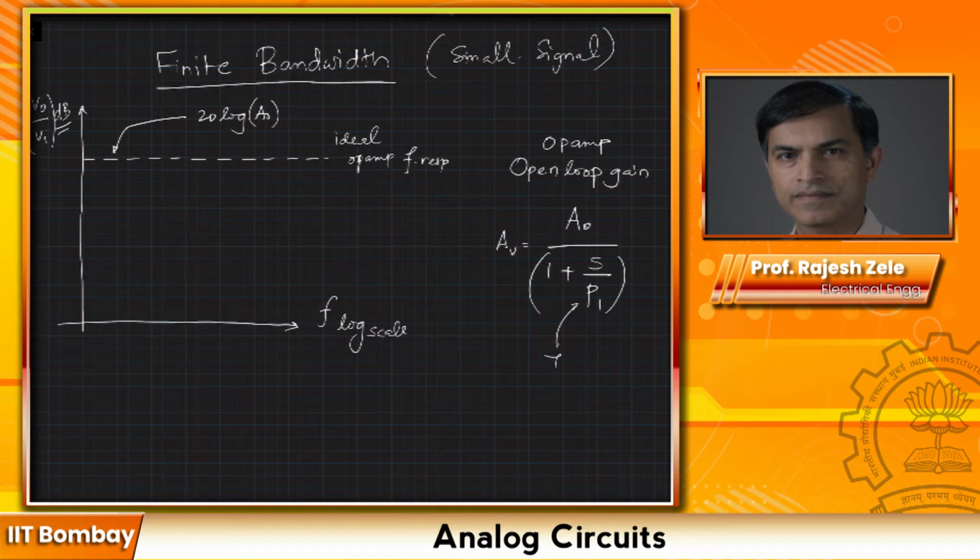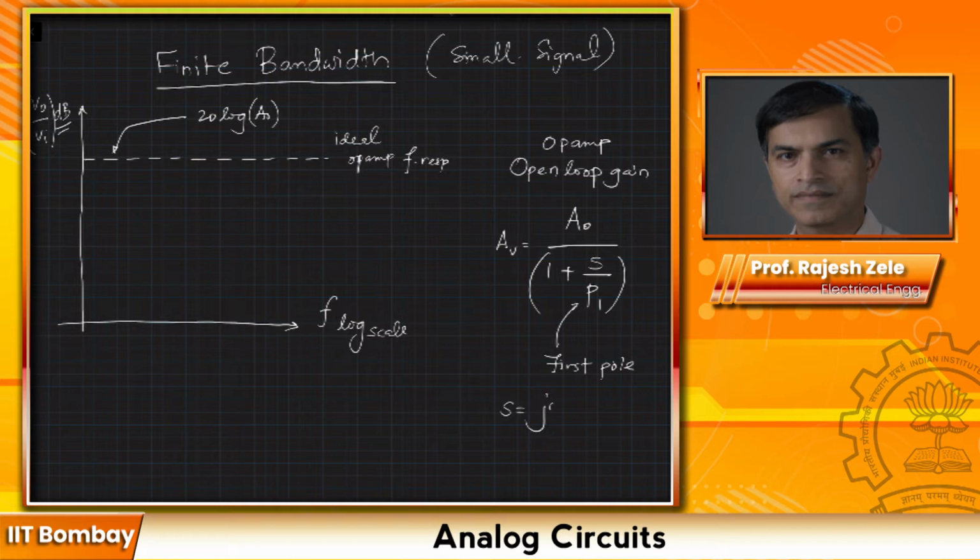Here P1 represents first pole. What this is telling you is the following. We are assuming the op-amp to be a one pole system. It has only one pole and the pole is at P1.